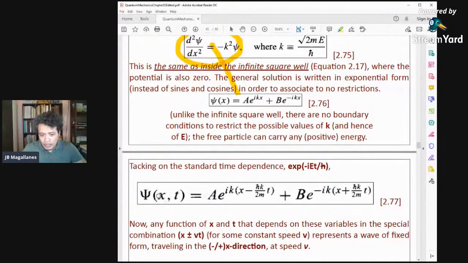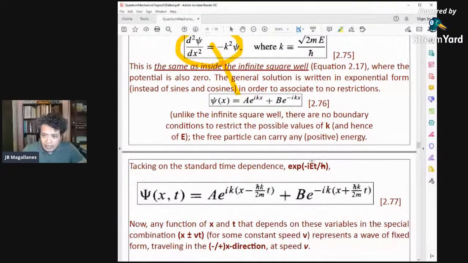Of course, you can write the time dependent wave function. So you can multiply this by e to the negative i E t over h bar. So here you can get the time dependent wave function.